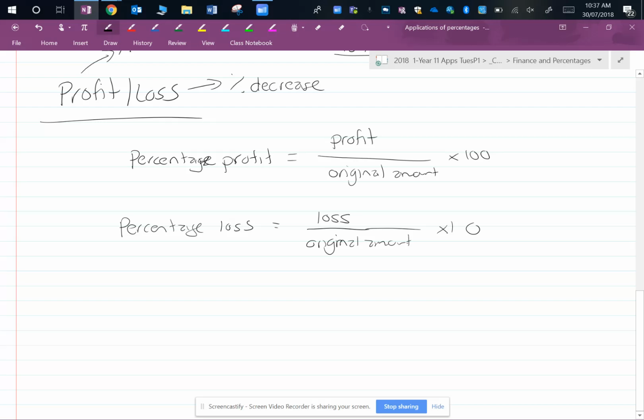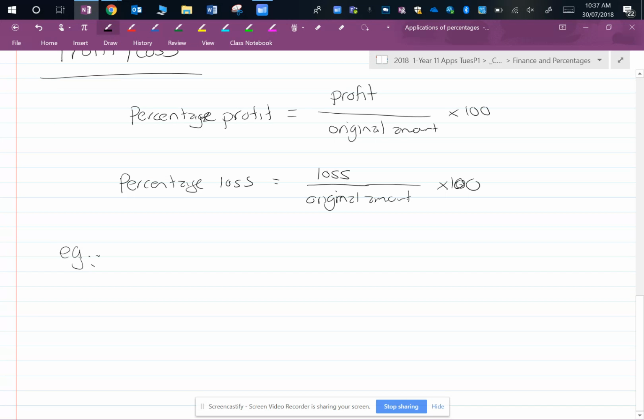So I'll just do one example. I'll do one with loss, e.g. Lewis buys a hamburger for $4.80 and sells it for $4.